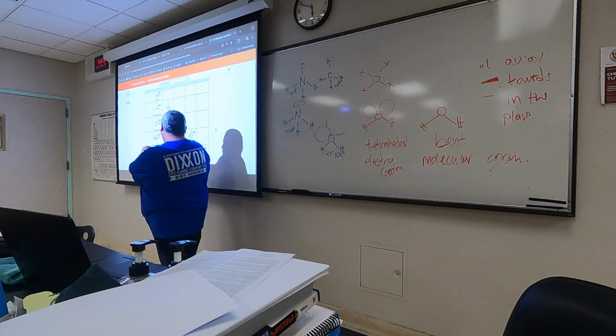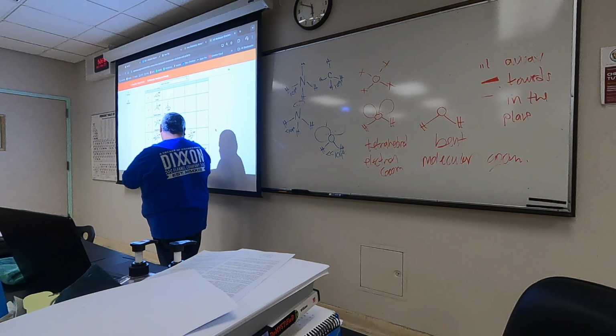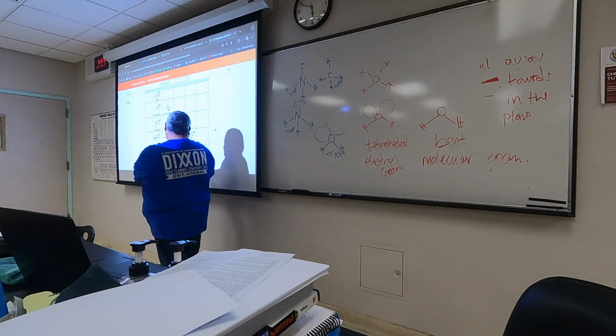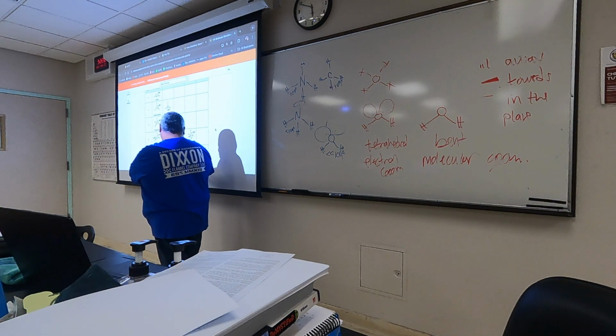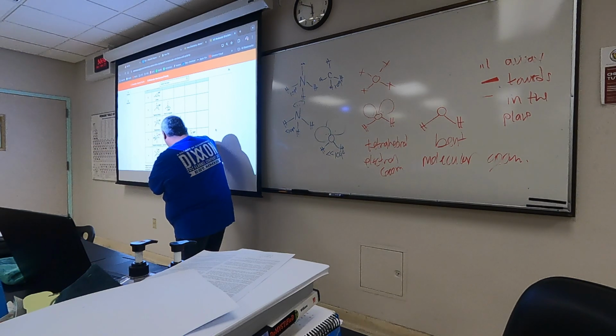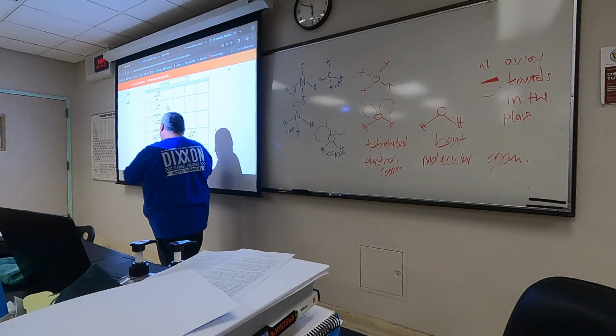T shape, do we have this T shape here? Where is it at? I have this in the wrong spot. Octahedral. Oh, I think, is it right? Square planar. There it is.